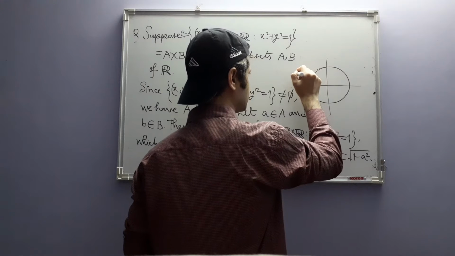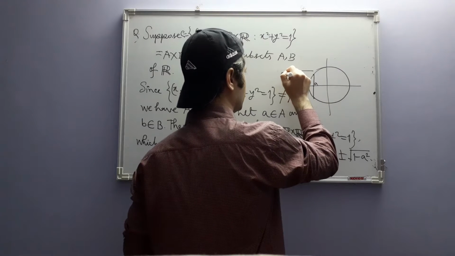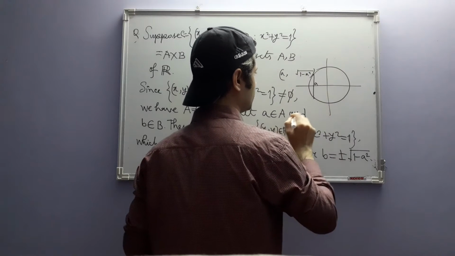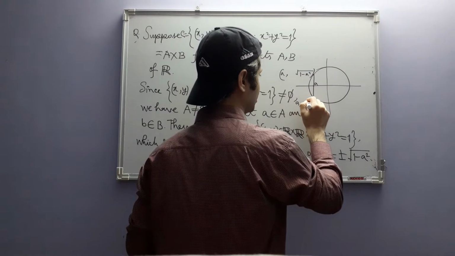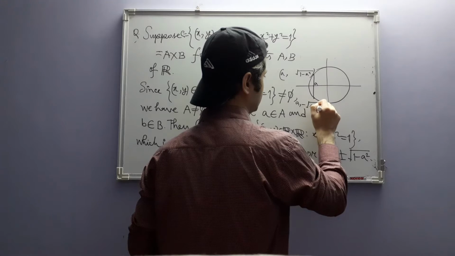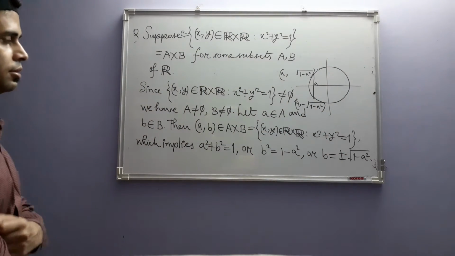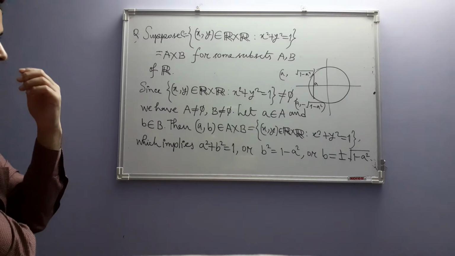This is (a, root 1 minus a squared), and this is (a, minus root 1 minus a squared). So we have two values here.